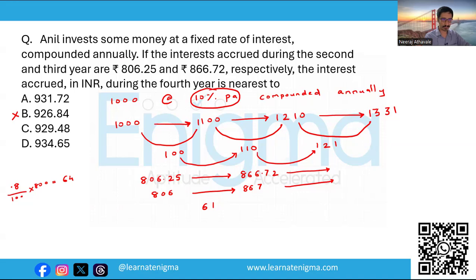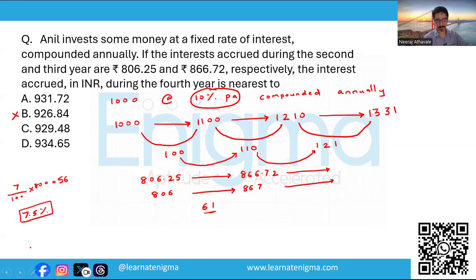That means the rate is less than 8%. Okay, right? Now 7% of 800 is 56. Now this value 61 is greater than 56. So there is a possibility that the rate of interest is approximately 7.5%.